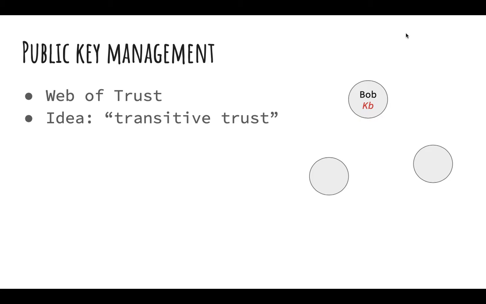If Alice is sure that it is Bob's public key, then Alice may want to sign the key KB. In this case, if another user, Carol, wants to get Bob's public key, she may believe that KB is indeed the public key of Bob, since she trusts Alice.